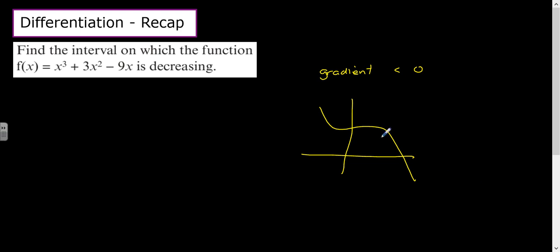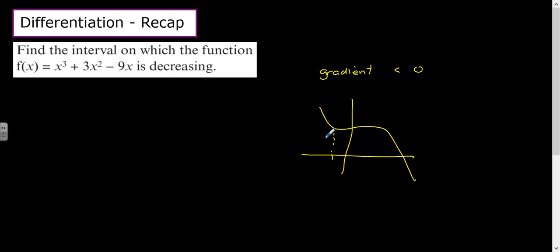Now what we're talking about when a function is decreasing is the gradient of the function has to be less than 0, okay? And if you think about a function where its gradient is less than 0, for example, if I just take some random function like this, the gradient is less than 0 over here.